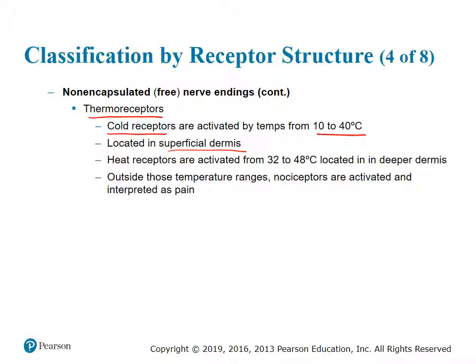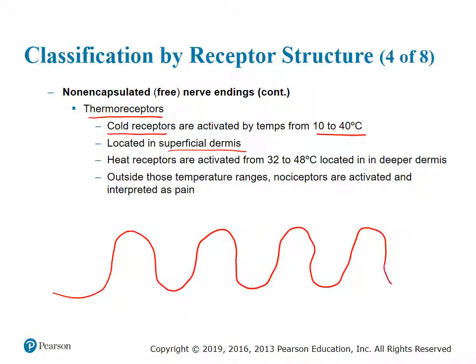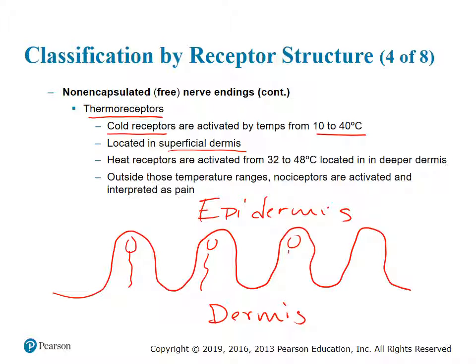If you remember the dermis, those are those little finger-like projections, which on top here would be epidermis and the bottom here would be dermis. In fact, the free nerve endings are located here in those papillae, along with the nerves and the blood vessels.